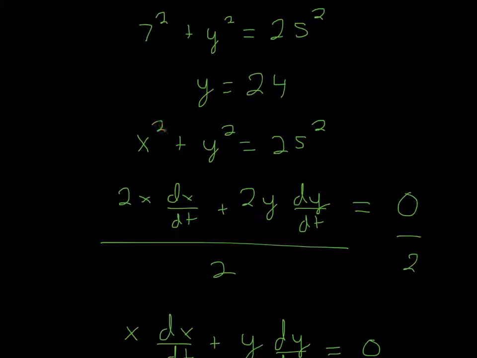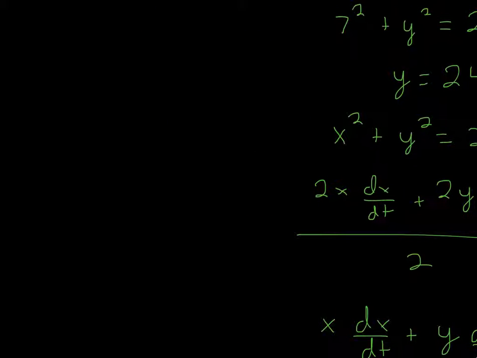When you take the derivative, it becomes 2x. But where does this dx/dt come from? Well, every time you take a derivative, you always have d of x. For example, you have x squared, and you take the derivative, it's 2x.